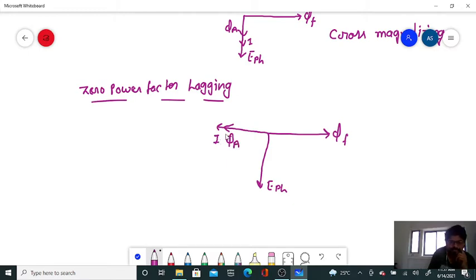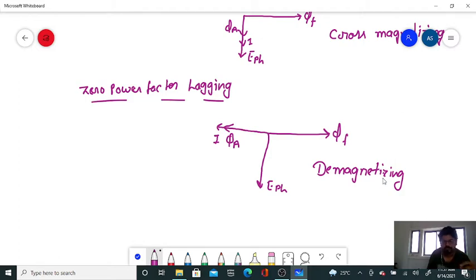The current will produce flux only. From this you can see this armature flux is opposing the main field flux, so the armature reaction effect will be demagnetizing. But practically the loading is not zero power factor, it will be between 0.8 to 0.9 lagging. So our armature reaction effect practically will be a little demagnetizing and a little cross magnetizing.